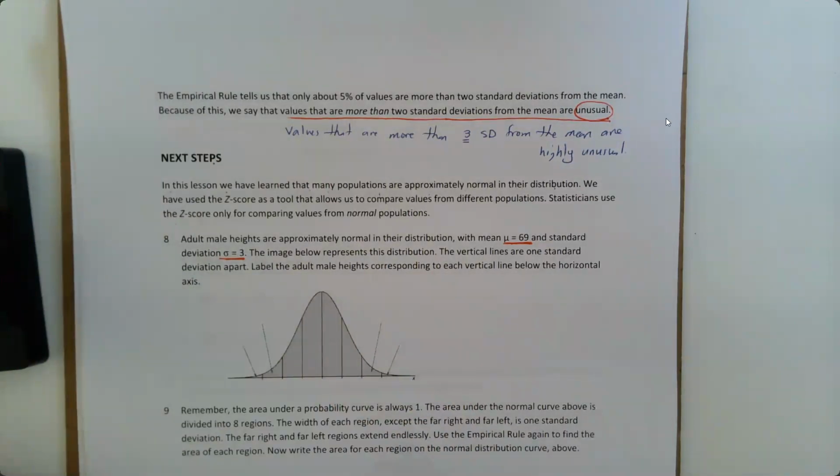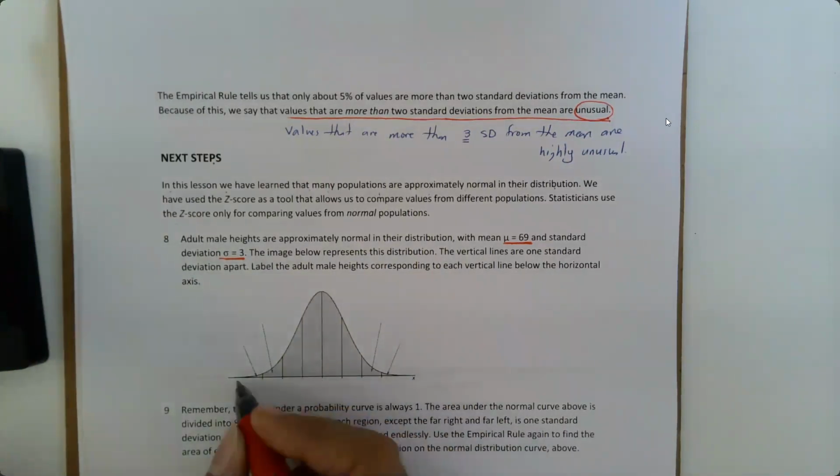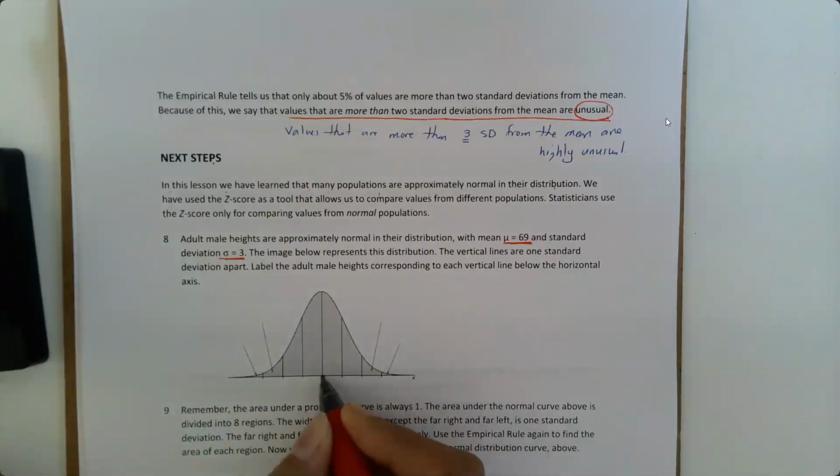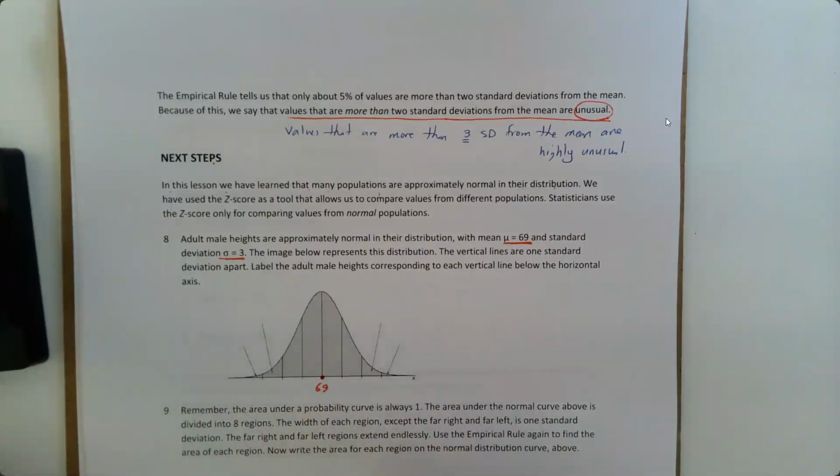Well, okay, we know that in the middle, X is the mean, 69. Standard deviation is 3.